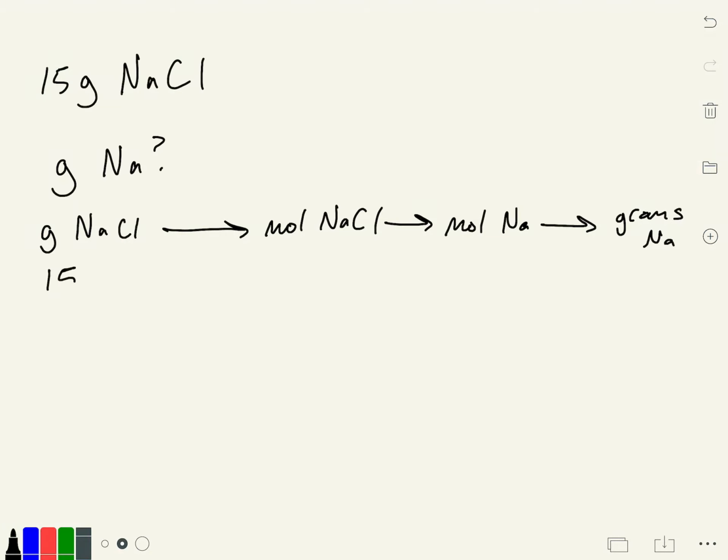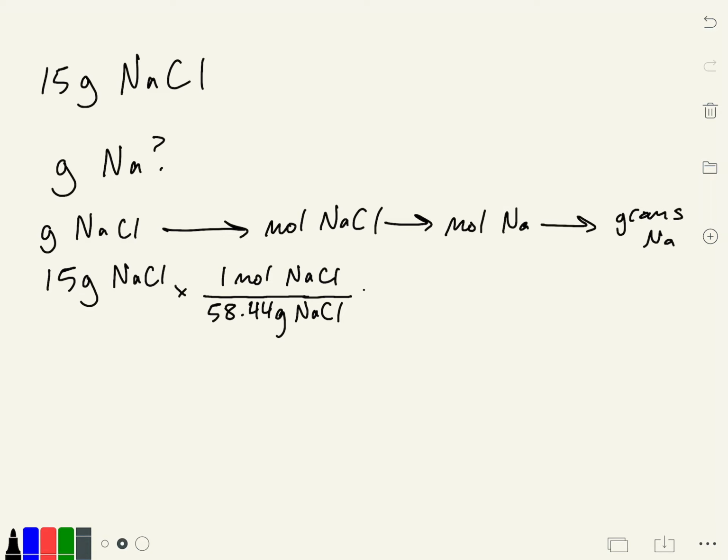So what do we know? We know 15 grams NaCl. How do we get to moles? Easy. We look up on the periodic table what the molar mass of Na and Cl together are. We add them up. That is 1 mole of the formula unit NaCl.